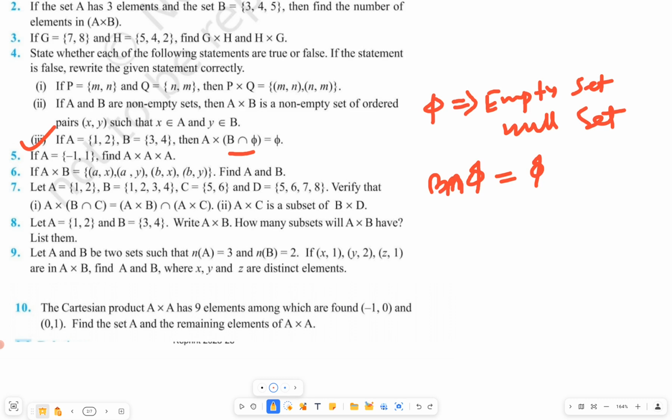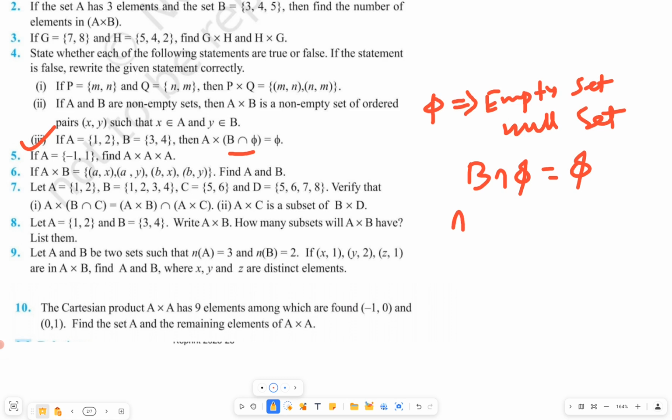Also B union phi is B: any set union with the phi set equals that set.